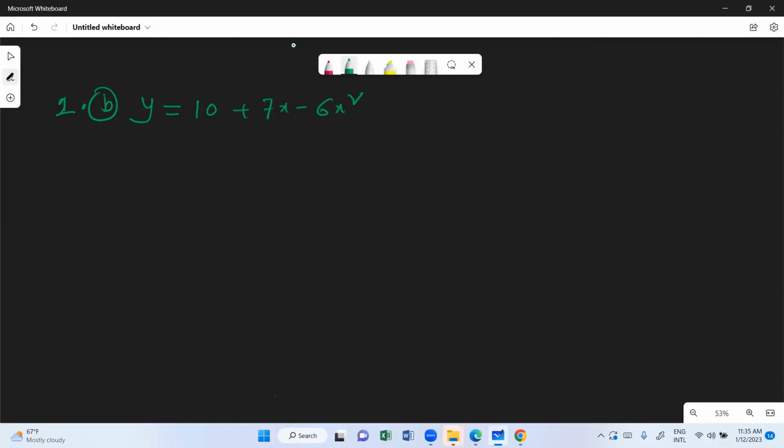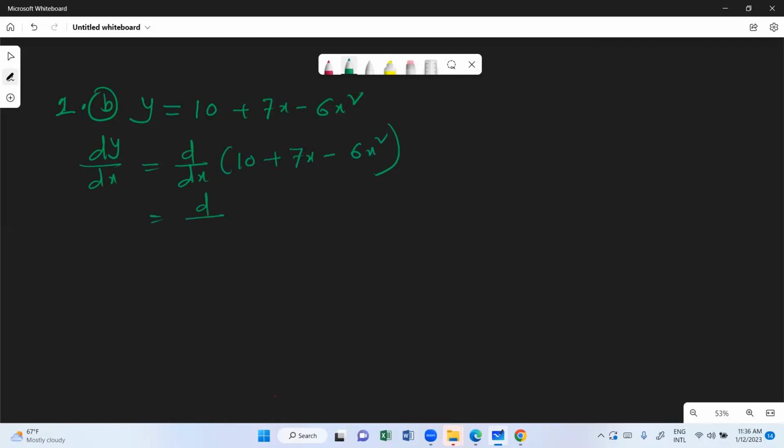Now y equals 10 plus 7x minus 6x square. If we want to find out the x coordinate and whether the stationary point is maximum or minimum, we will differentiate, dy by dx. So d by dx of 10 plus 7x minus 6x square.